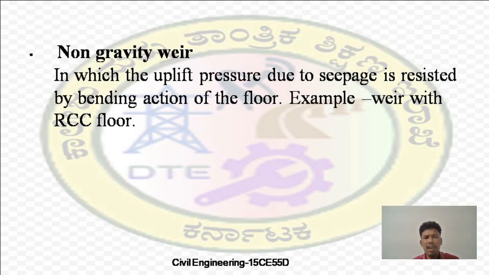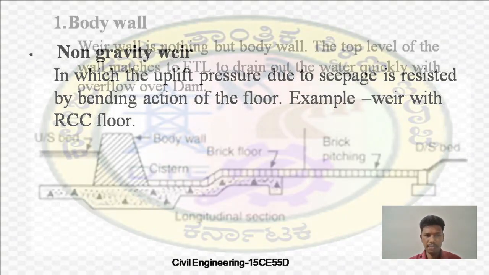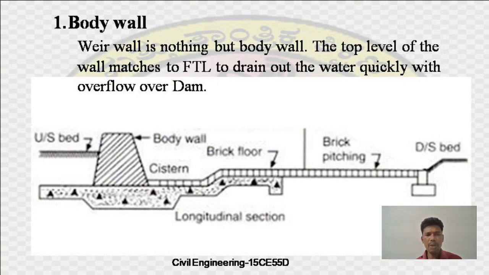Example: a weir with an RCC floor or RCC structure, which resists the uplift pressure by bending. We call it a non-gravity weir. Okay.